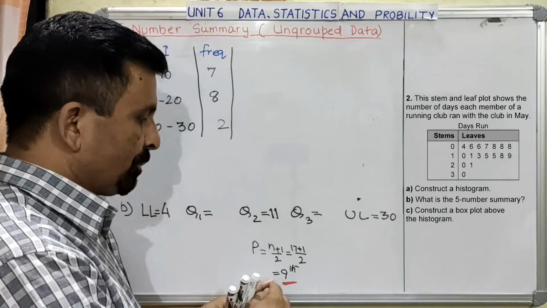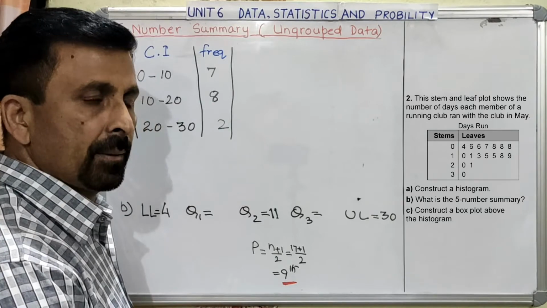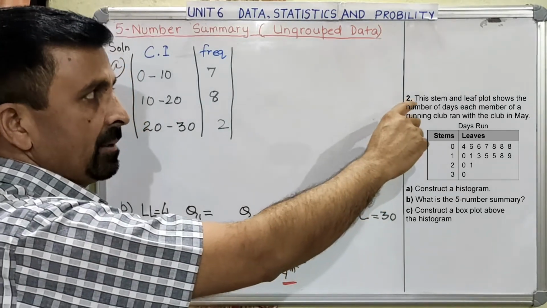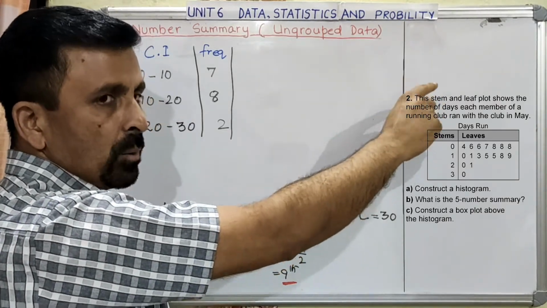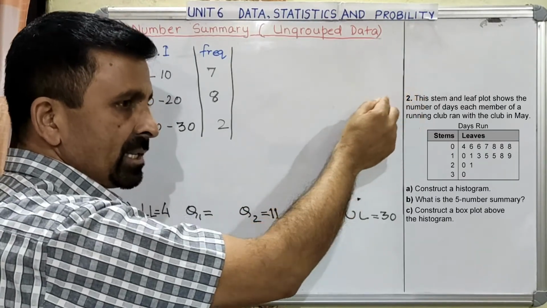So please underline this 9th data in your stem and leaf plot, and the 9th data in your stem and leaf plot is 1 1, that is 11. So in the leaf part under 1 you can just underline.